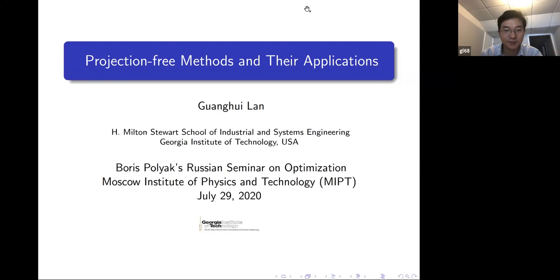I asked Arkady Semyonovich Nemirovsky to advise me someone who could make a talk on first order methods, and Arkady Nemirovsky advised to invite George Lan as one of maybe the best specialists for first order methods, accelerated algorithms. So it's our pleasure to have a talk by George Lan, with the title Projection-Free Methods and their Application.